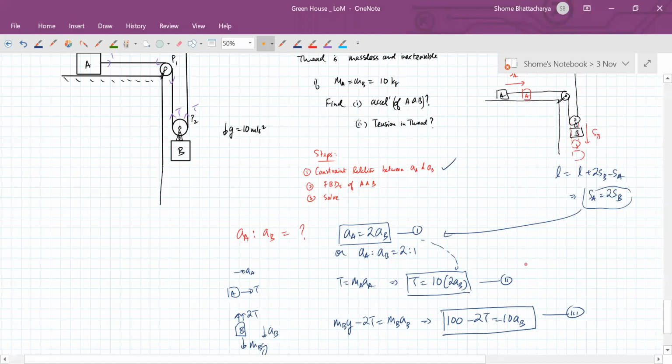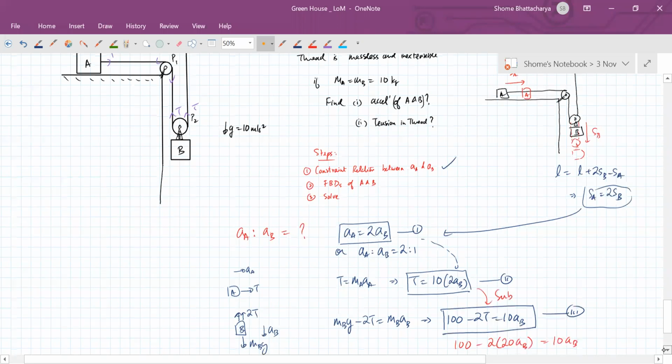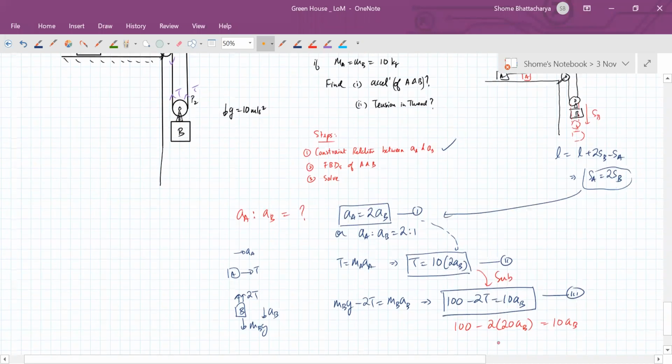Okay. So what you now do is substitute this here. So you get 100 minus 2 times T, which is 20 times AB, is equal to 10 AB. So 100 is equal to 50 AB. So acceleration of B will be 2 meters per second square downwards.